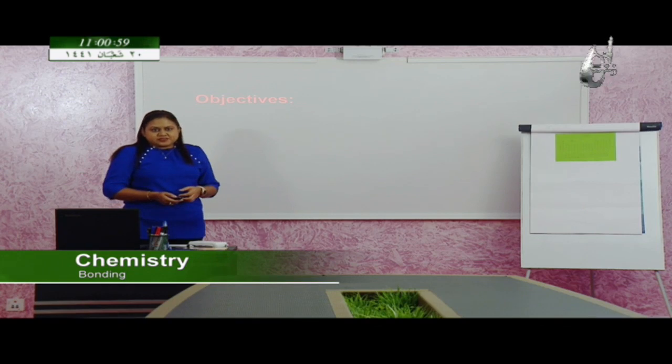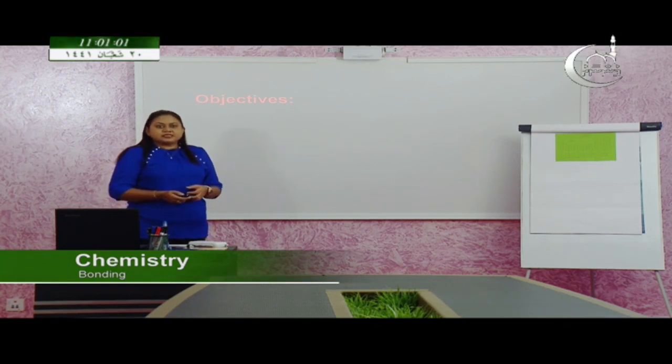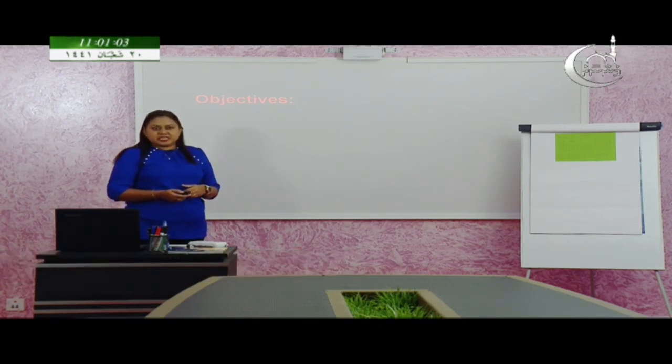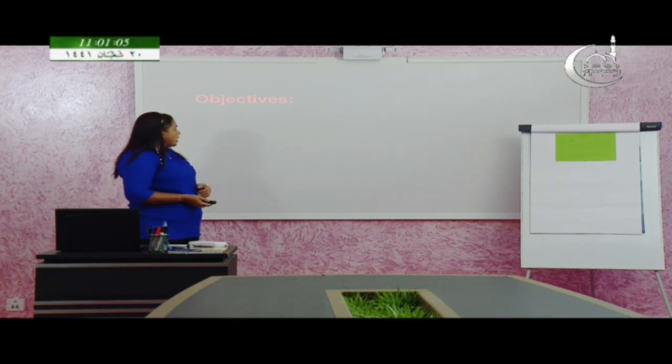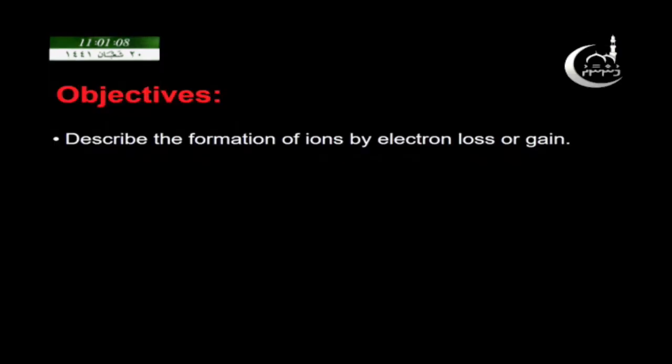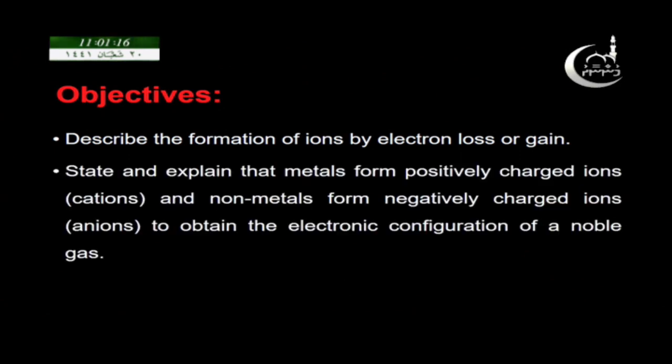Looking at the objectives, that means the points that you have to achieve at the end of the lesson. The first objective is you should be able to describe the formation of ions by electron loss or electron gain. State and explain that metals form positively charged ions, known as cations, and non-metals form negatively charged ions, known as anions, to obtain the electronic configuration of a noble gas.